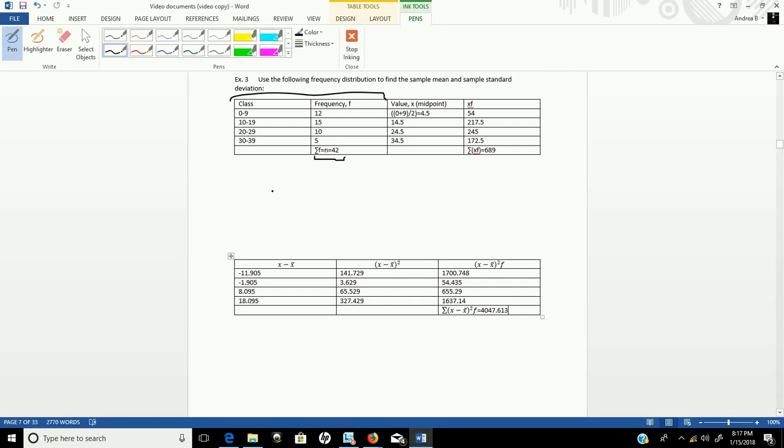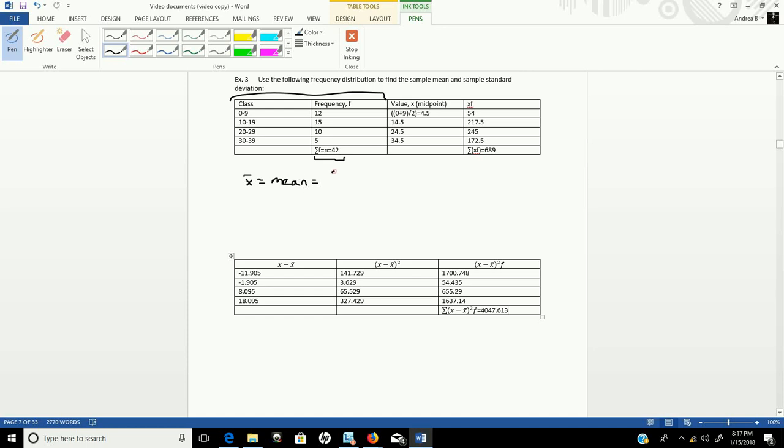So we use that then for calculating our mean here. Instead of adding up all 42 numbers that we might have for our set, we're doing this shortcut method. It might be a little bit different than you're used to, but it ends up being a lot shorter than having to do it for 42 different values.